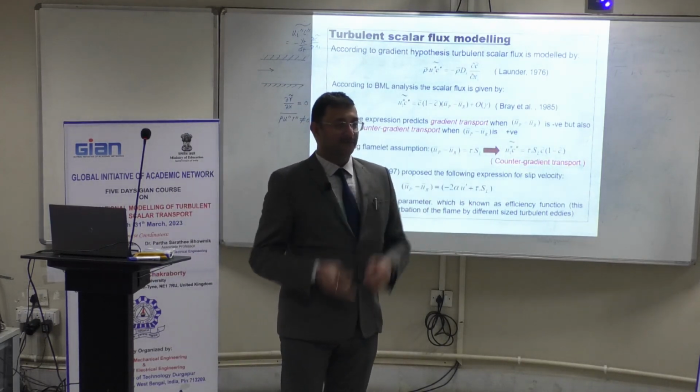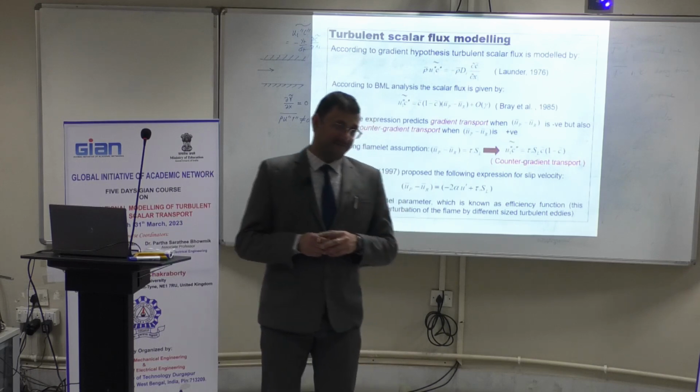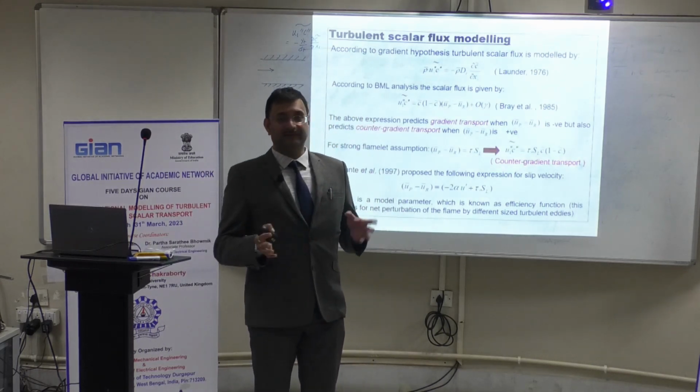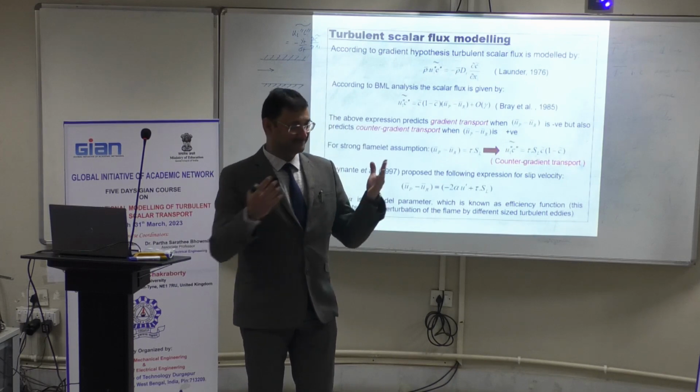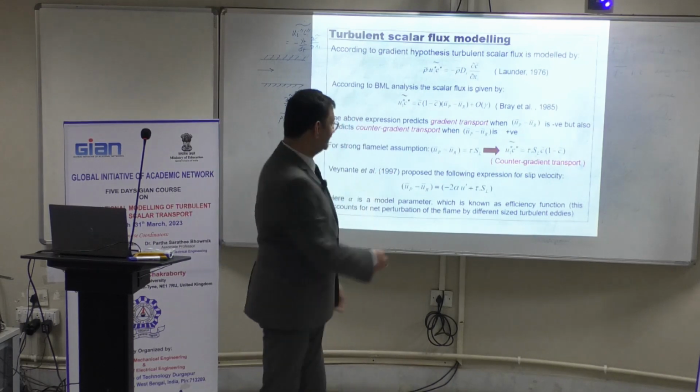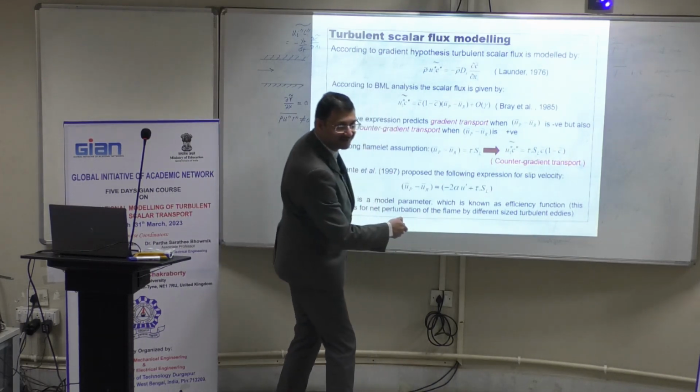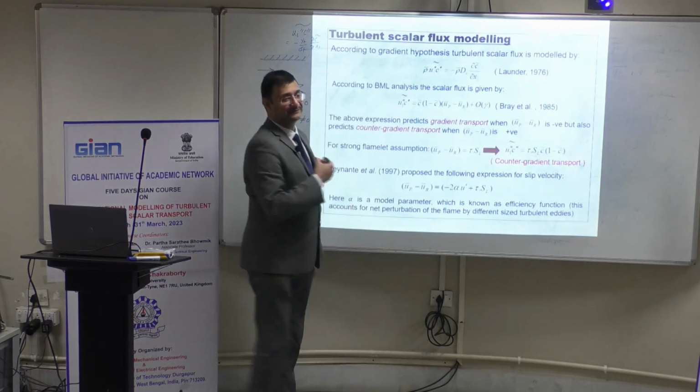Basically 2 alpha is the modeling coefficient. So you can see it's direct competition between these two. If this one wins, you will get counter gradient. If this one wins, you will get gradient.